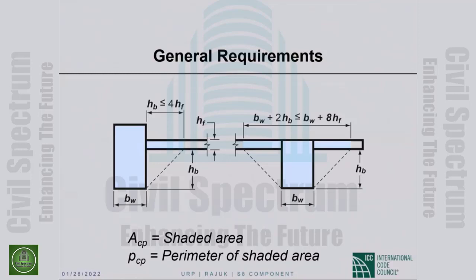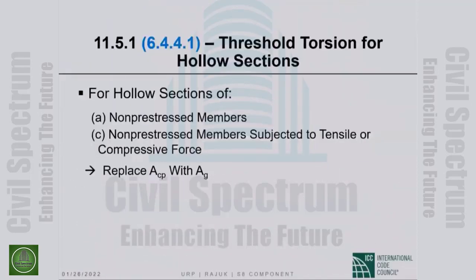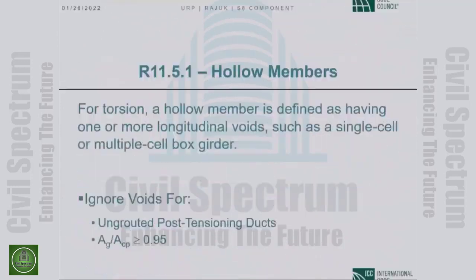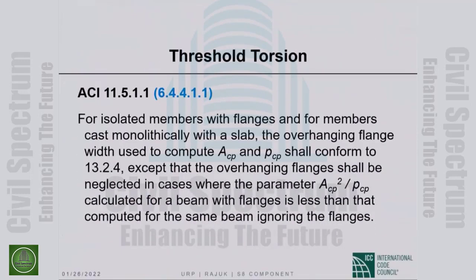There must be cases where it happens. I can visualize one right off the bat. But in any case, if that happens, then you ignore the overhanging flange. Then this is the section of your torsional member. So you will not decrease the A sub CP squared over P sub CP ratio by including the flange in the torsional member.